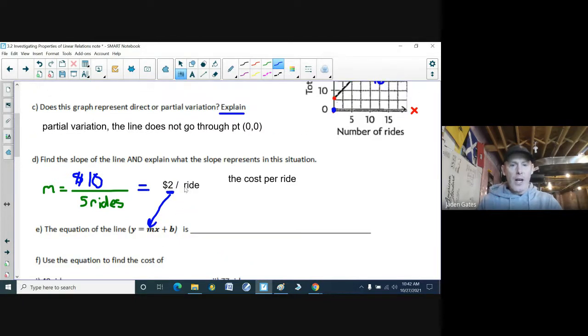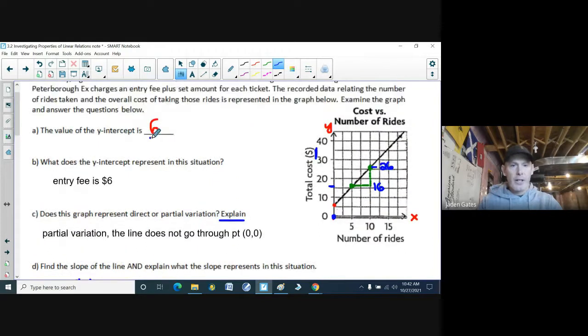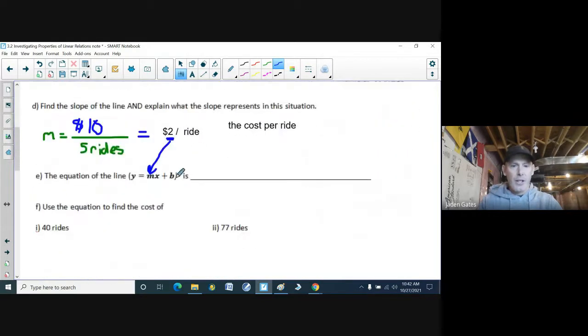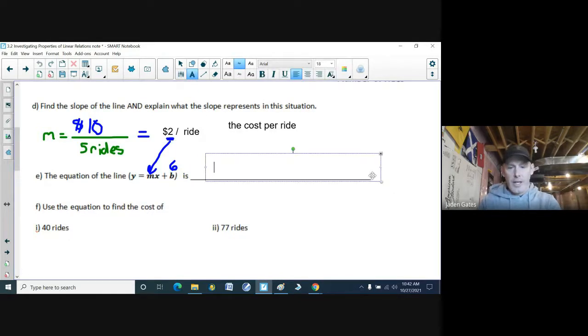Our y-intercept we found initially. It's a 6. So the 6 is going to go right here. So the equation of our line is y equals, choose our slope, we have an x value, and then afterwards is the y-intercept, which is a positive 6. So there's our equation. Y equals 2x plus 6.